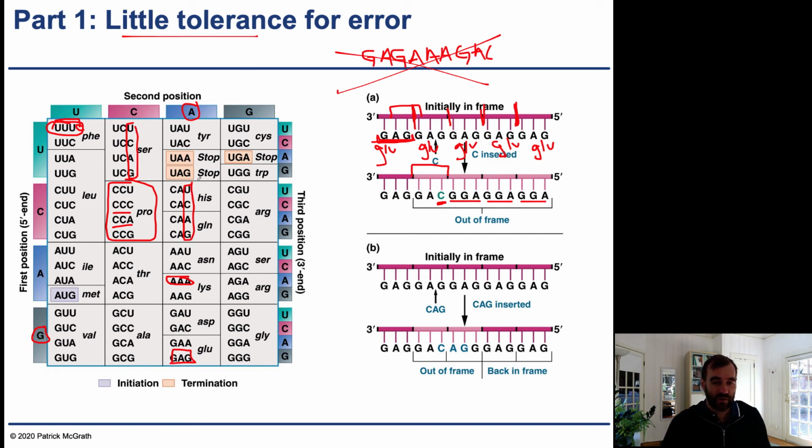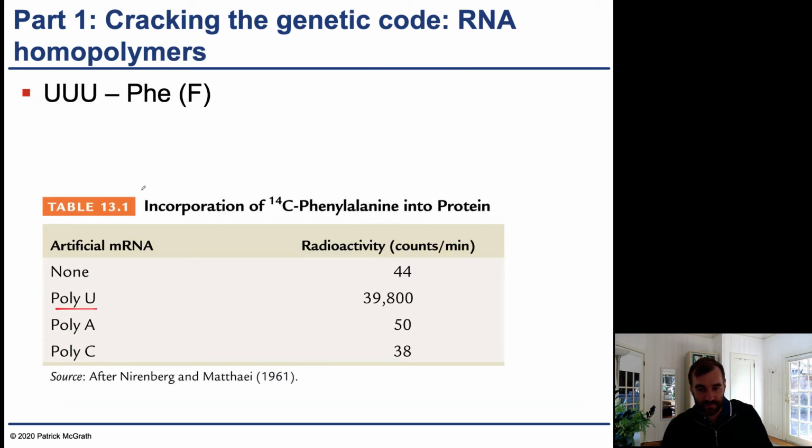So just remember that this is not a rigid rule that says it doesn't matter at all what the third nucleotide is, but there is a lot of flexibility there, in either having two different ways to make an amino acid or having four ways to make an amino acid.